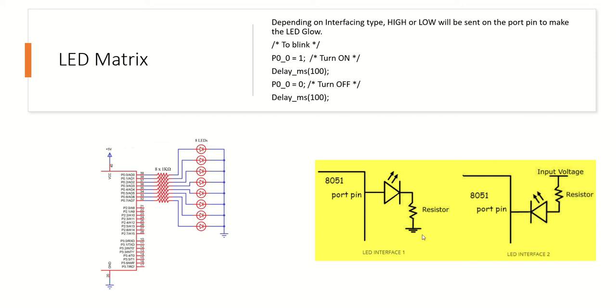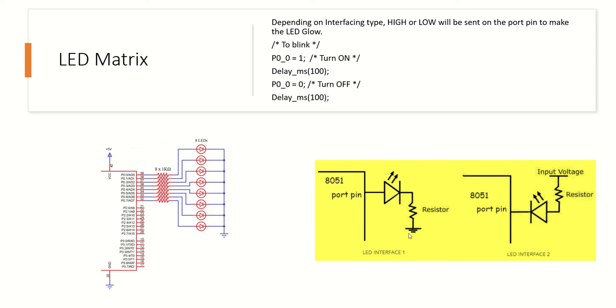We have connected the anode towards the controller and the cathode directly to the resistor and towards the ground. To make this LED on, we need to give a high voltage to the anode, so we need to give an output of 1 here. Once we give the output of 1, this LED will glow.